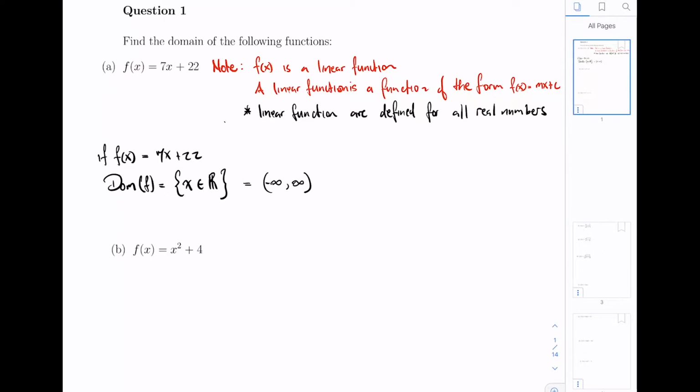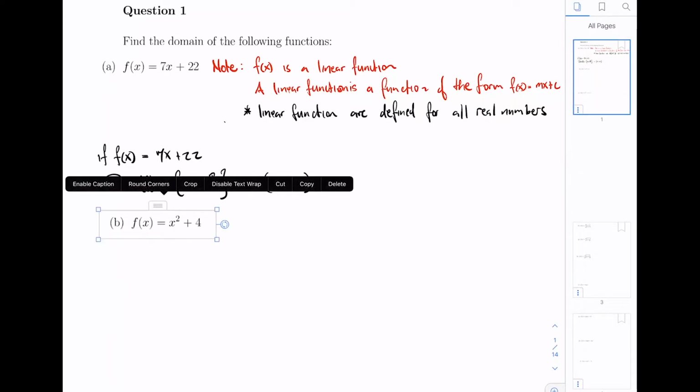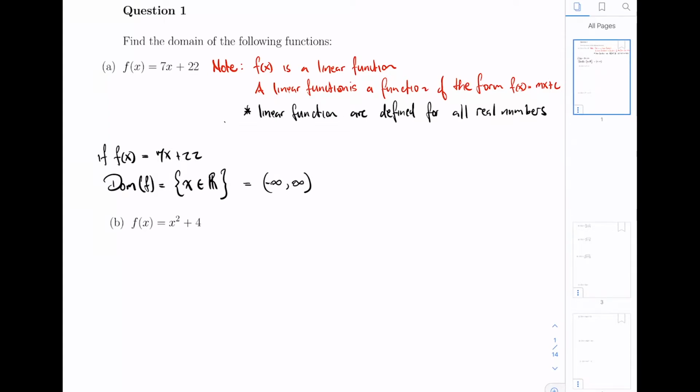Next, we move on to question number 1, part B, right? And here we have the function f of x equals x squared plus 4, right? And here we will also make a note. This time, we want to note that f of x is a quadratic function, right?